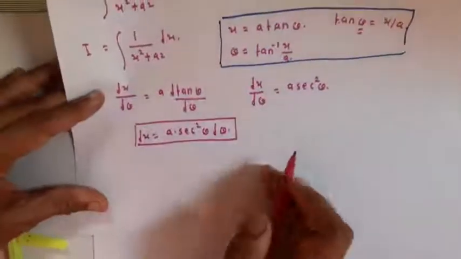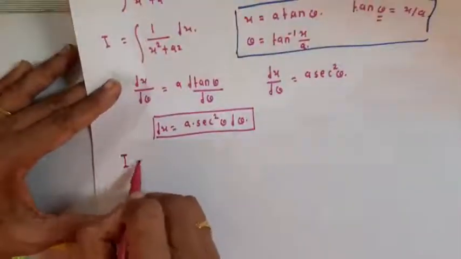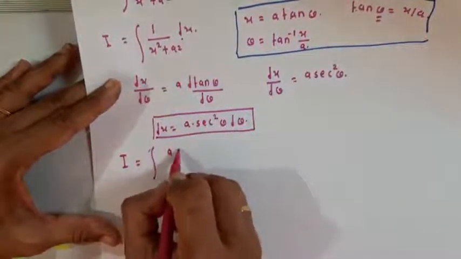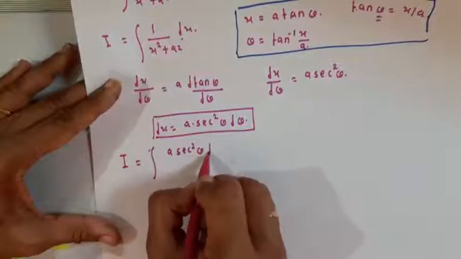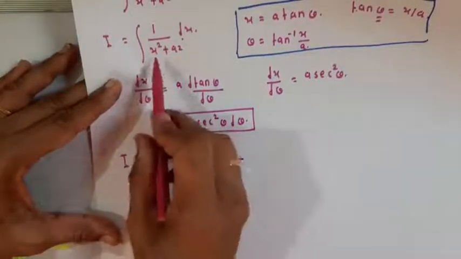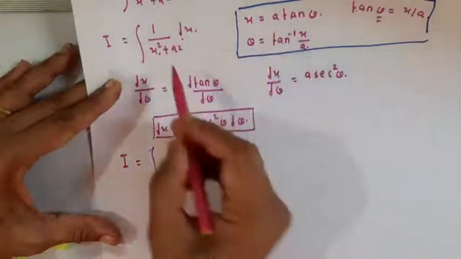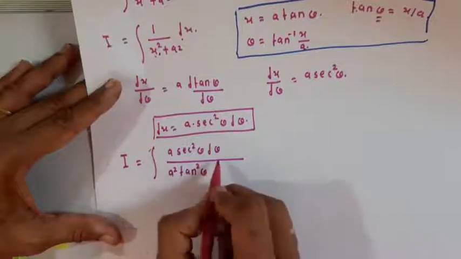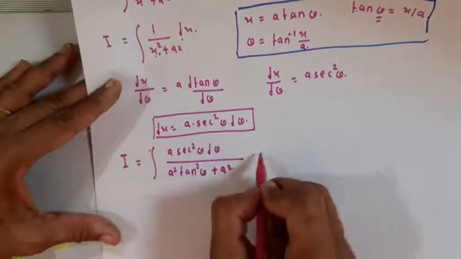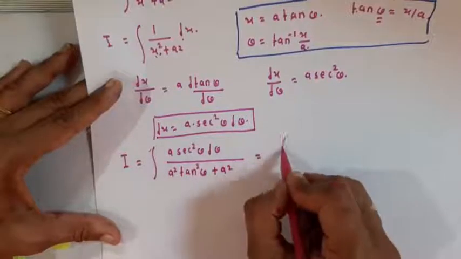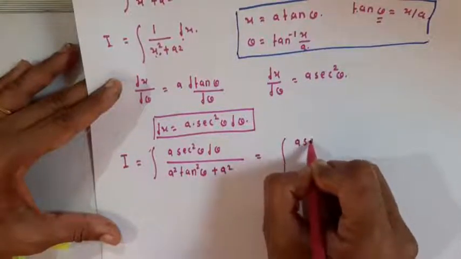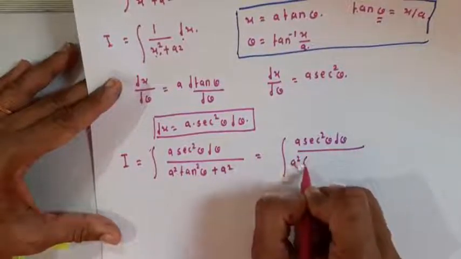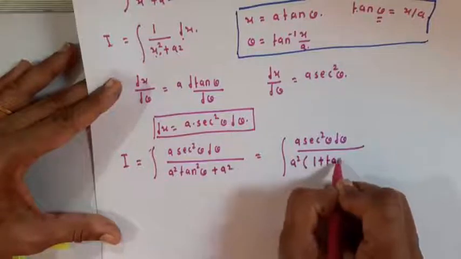And now the integration I equals the value of dx, that is a sec square theta d theta, upon the value of x square plus a square, where x is a tan theta, so x square plus a square equals a square tan square theta plus a square. Common out a square, we will get 1 plus tan square theta.